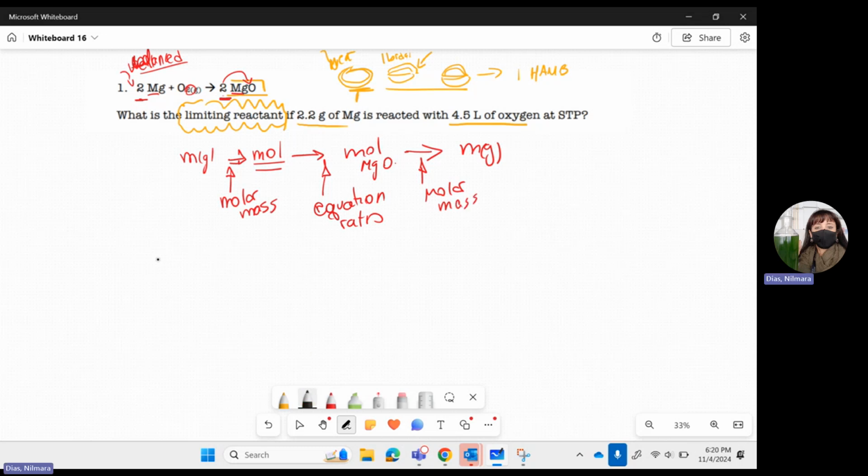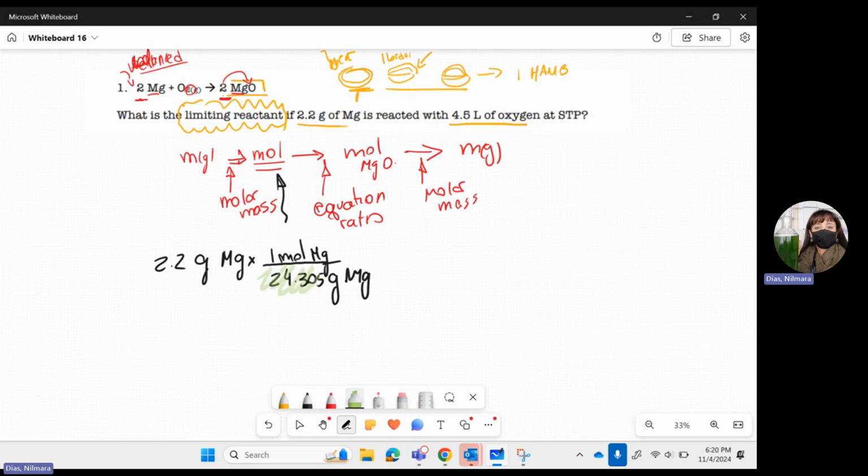Okay, so let's do it. I have 2.2 grams of magnesium, and to convert this to moles, I know that 1 mole of magnesium has 24.35 grams of magnesium. Where did I get this value?